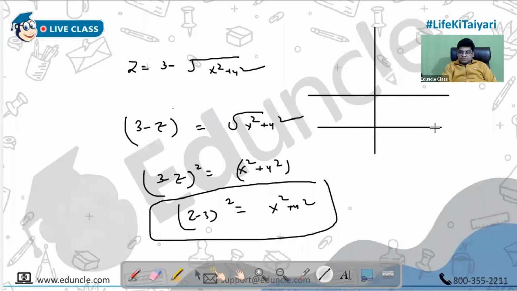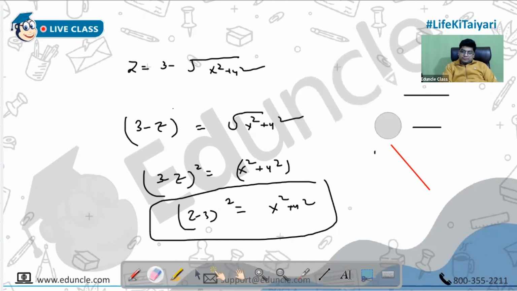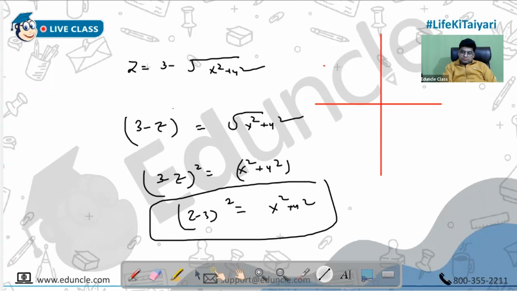Now this is z is equal to 3. z is equal to -3. z is equal to 3, okay sorry. So you can see this is the z axis.